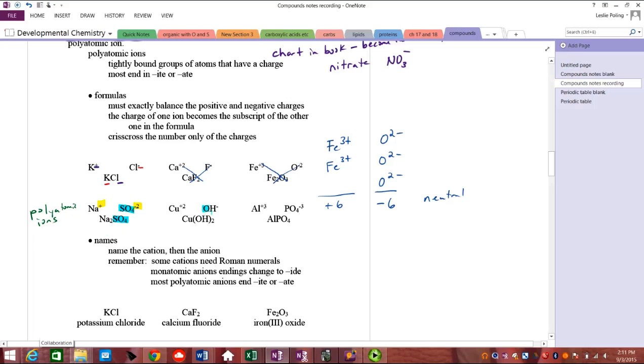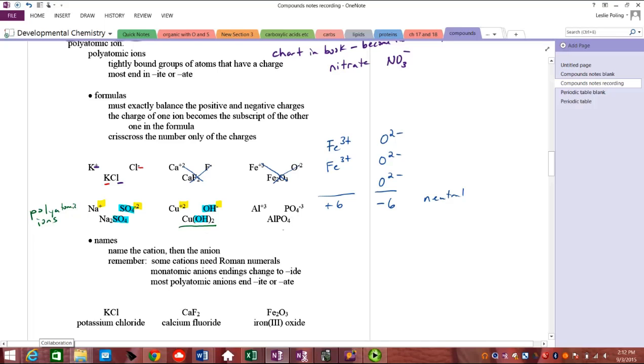In this second one, OH minus is a polyatomic ion, so the OH stays together. We are crisscrossing the +2 and the -1. So our formula has the OH in parentheses with the 2 outside of it.